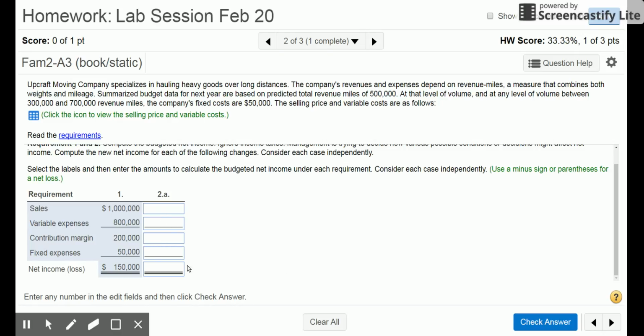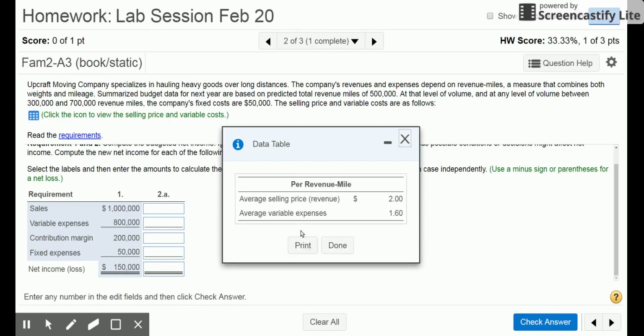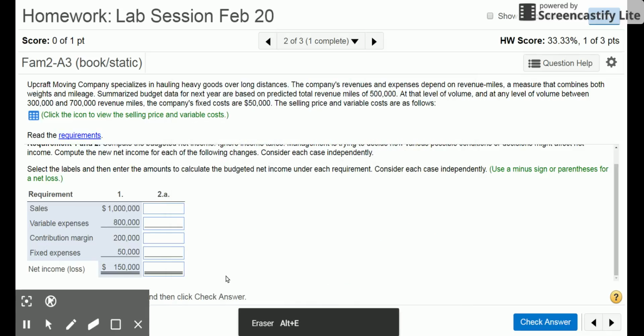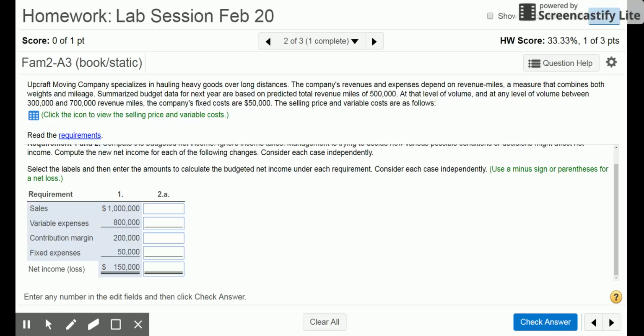For the second part, the question asks what if our sales price increased by 30%. Increasing 30% in our sales price will increase our sales by 30%, so it will be $1,300,000.